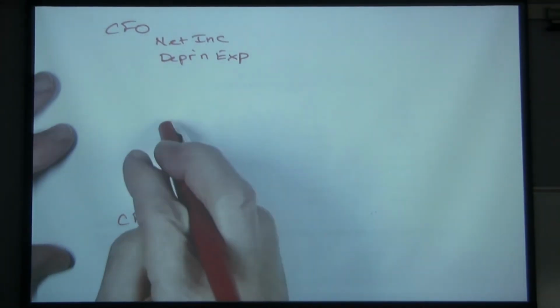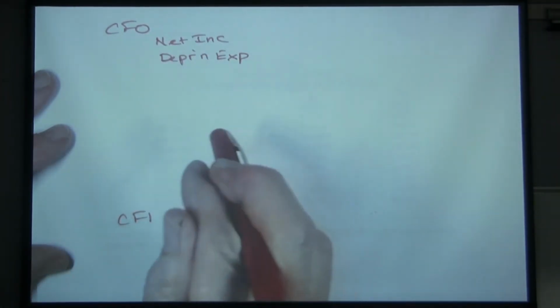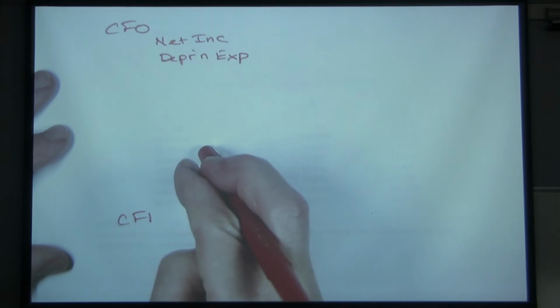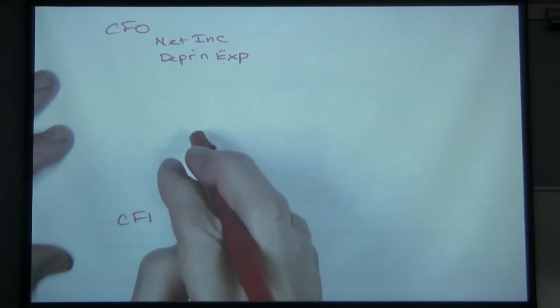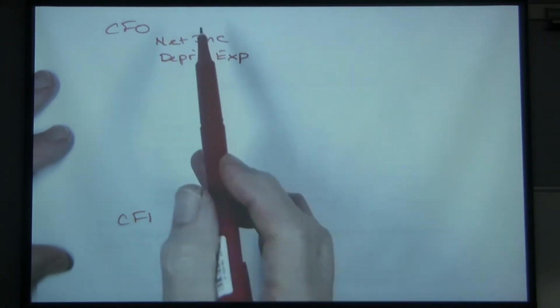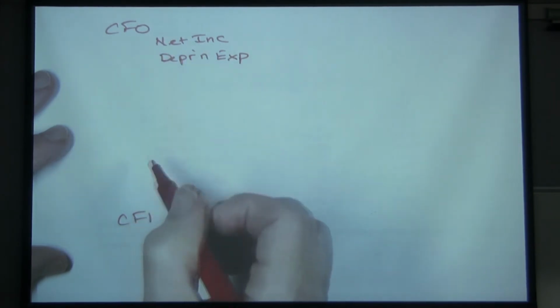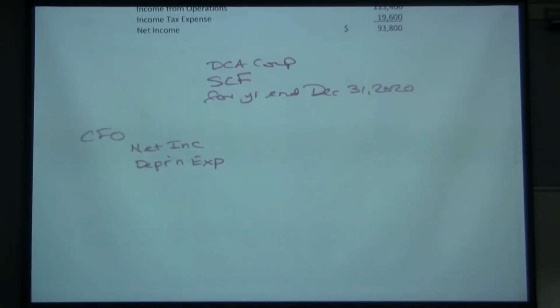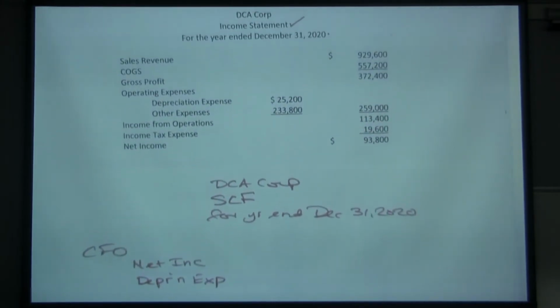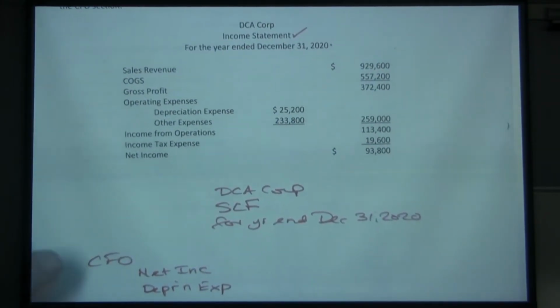So not the entire money that we got from selling the PP&E asset, but just that little gain or loss amount would also be reversed, actually, in the CFO section. So there's another example that will illustrate that. But otherwise, we have net income, depreciation expense that we'll add back, and changes in working capital.